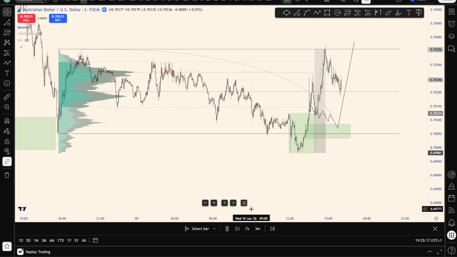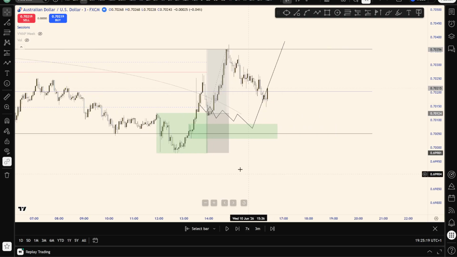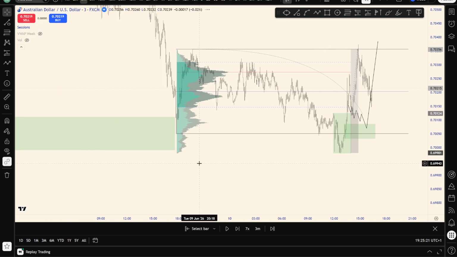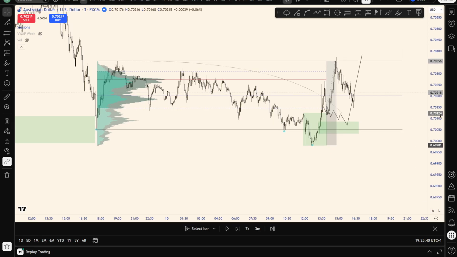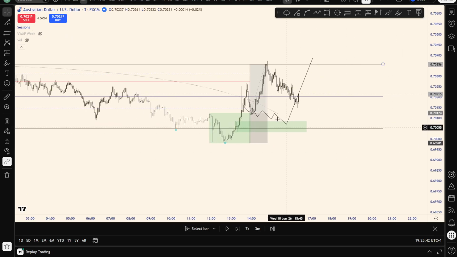So I technically could have taken this trade. I think it's a valid trade because we have here the one, two, three. It's technically valid, but it's not actually the best trade.